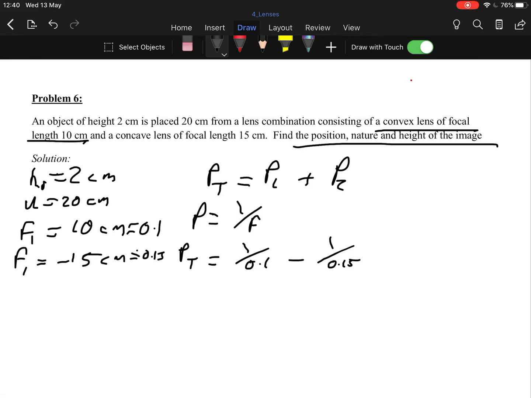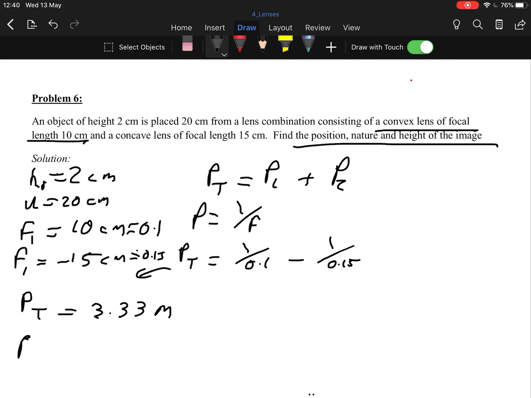Okay. All right, so my total power, therefore, should work out to be power total, I'm going to just bring it over here, equals 3.33 per meter. Okay? Let me see, did I do that right? Yep, so it should work out to be 3.33.